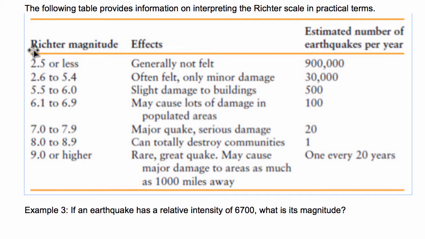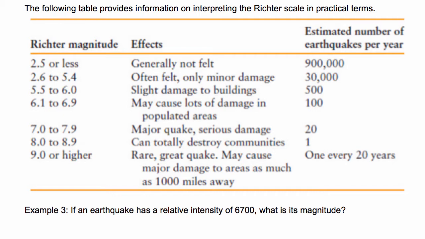No wonder we weren't able to see these earthquakes on the original graph. In fact, even the 30,000 earthquakes per year with magnitude between 2.6 and 5.4 would be hidden on the original graph.